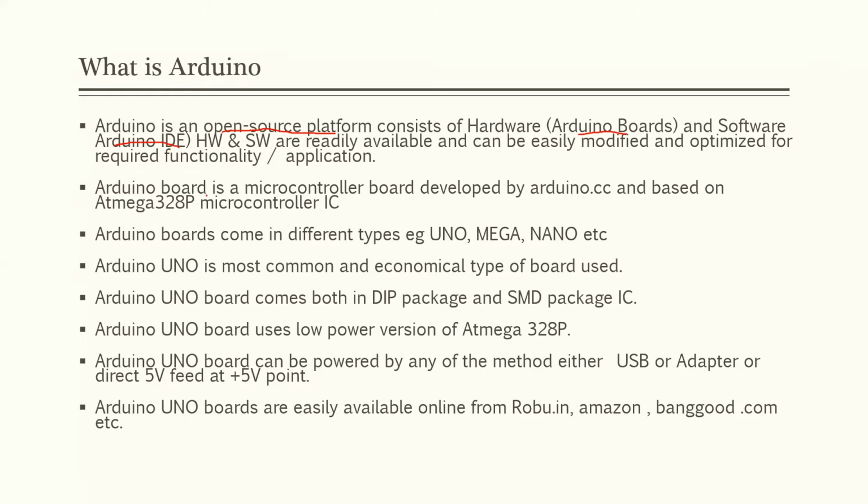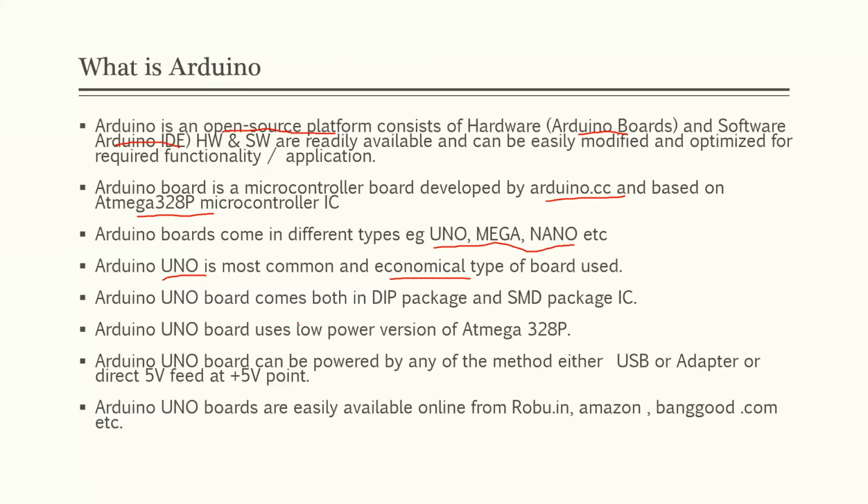Arduino uses a microcontroller developed by Arduino.cc, and it is based on the Atmega 328P microcontroller. Arduino boards come in different types, for example Uno, Mega, Nano. Any of the boards can be used for the programming. There is no limitation that only a single board can be used. But here we'll use the Arduino Uno board for our projects because of its easy programming and economy.